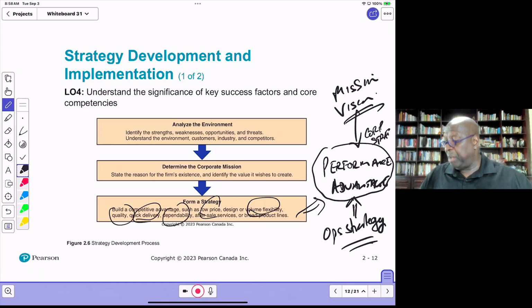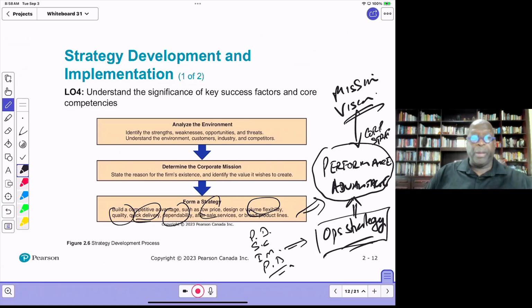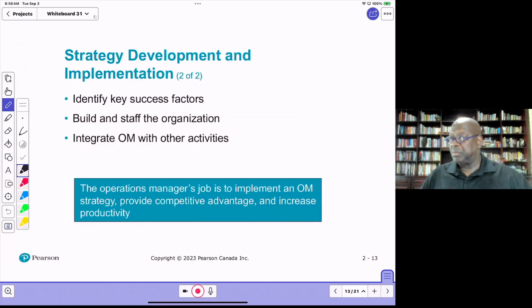And then what will happen is that your operations infrastructure will then support that: your product design, your supply chain, your inventory management, your process design, etc. Okay? So we did say, in terms of strategy development, identify your key success factors, build the staff and staff the organization, integrate OM with other activities.